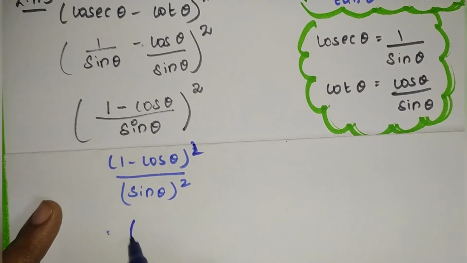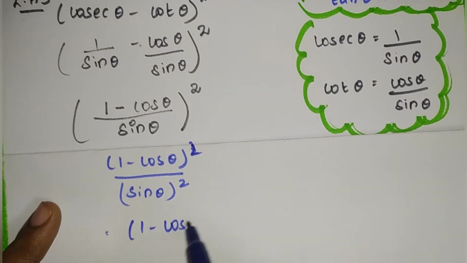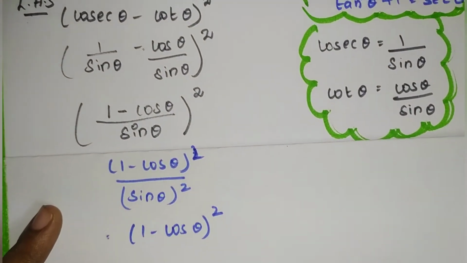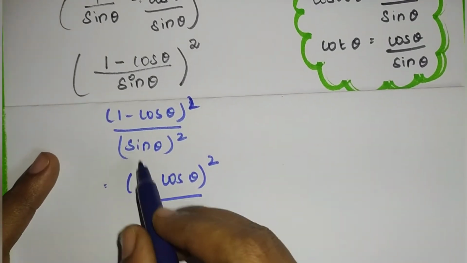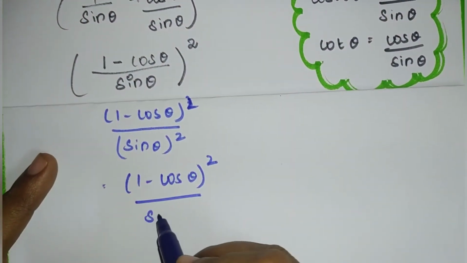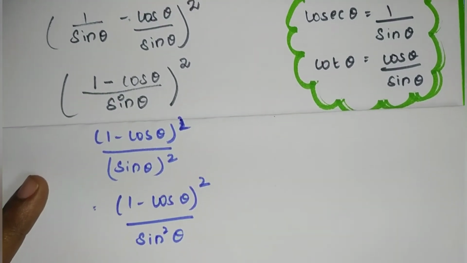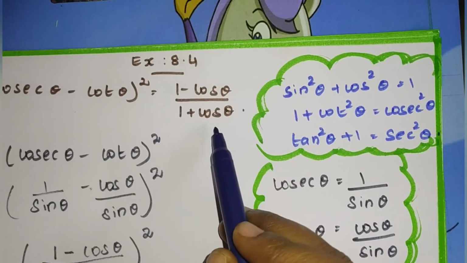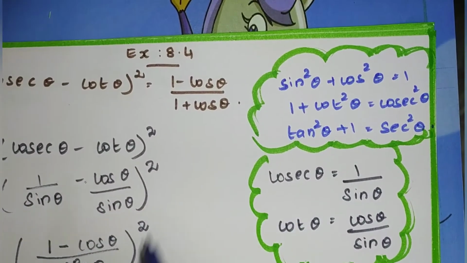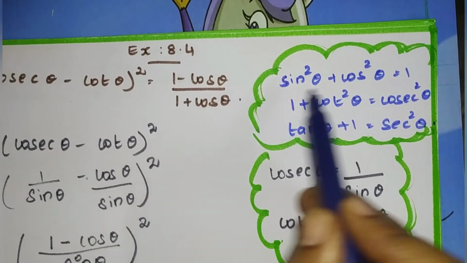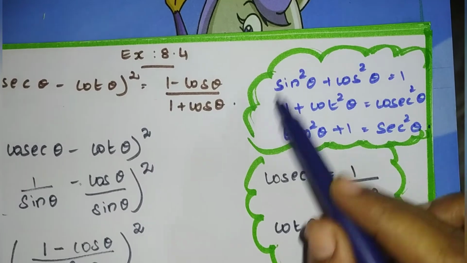So keep the numerator as it is, 1 minus cos theta the whole square. This sin theta the whole square will be sin square theta. Instead of sin theta, what we have here? Sin and cos. So which identity can we use here?